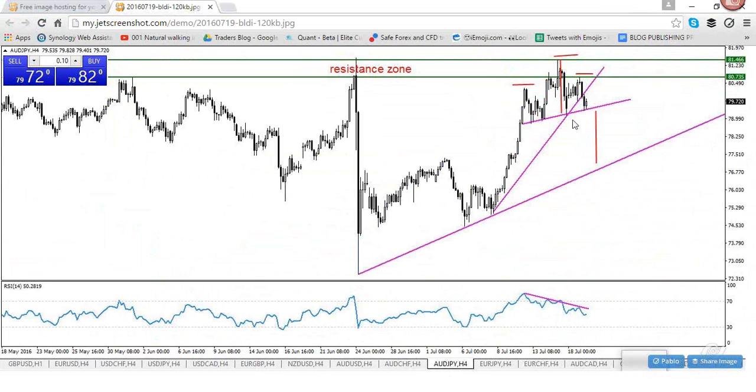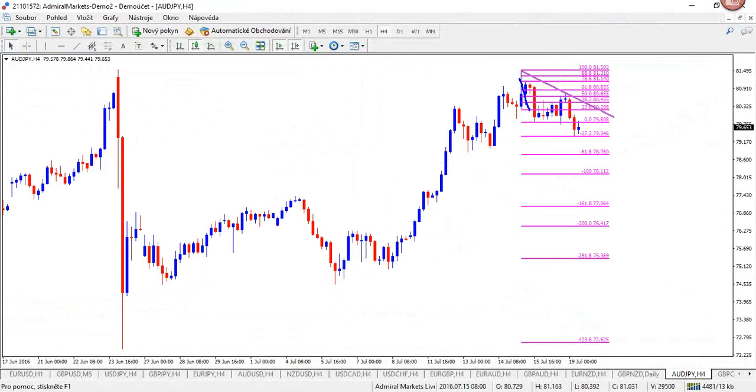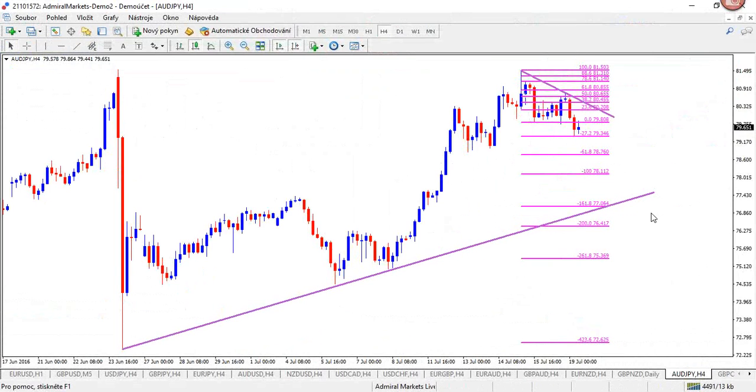All right. One more level I would like to add probably is just a horizontal level like this, because of the target, I think that this could be an ABC zigzag. So if it hits 78.75, I think personally from my experience that could still be a strong support level. But if that breaks, I agree, then there would be space down to 77.